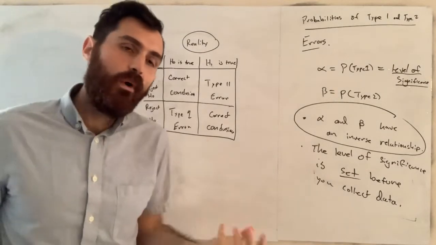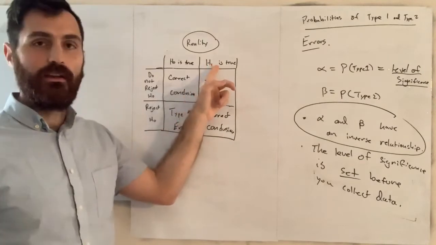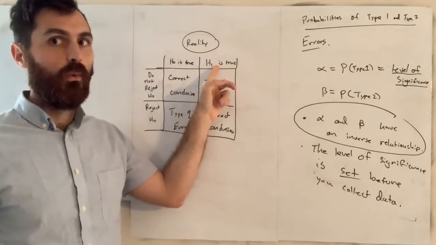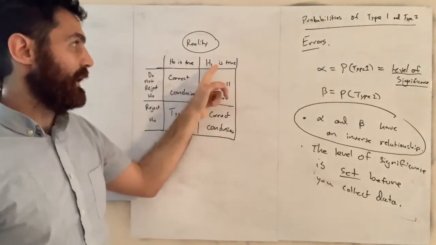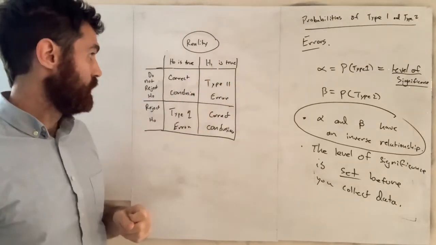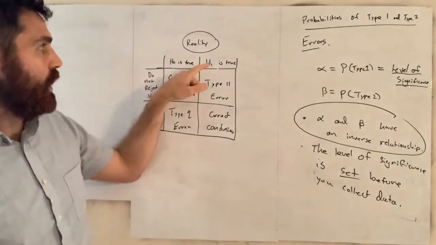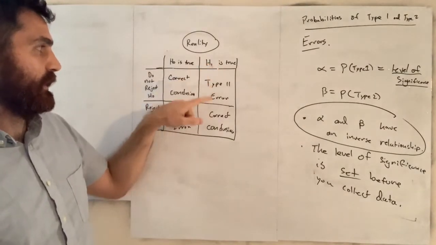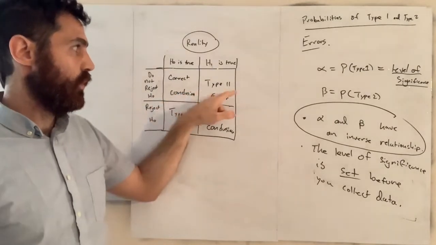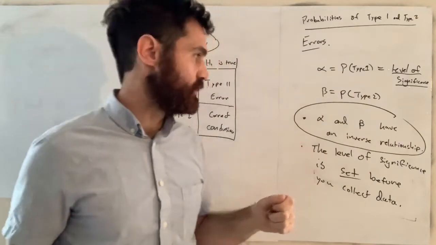Well, what effect does that have when you're dealing with a guilty person? It actually makes it harder for that person to be convicted too. And if you don't convict them, you make a type 2 error. So that's what we mean by an inverse relationship.